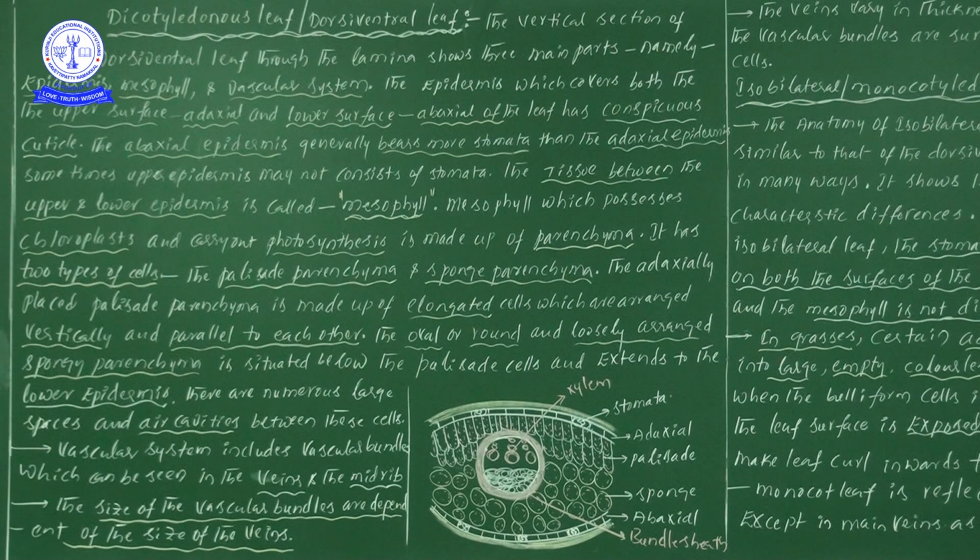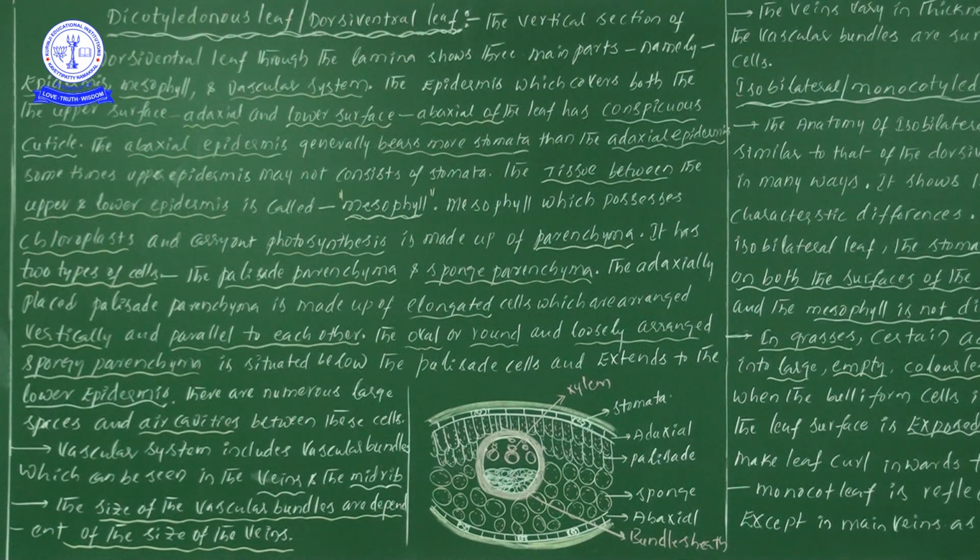So the point is, if you take the upper and lower epidermis, on the upper epidermis we find a lower number of stomata than on the lower epidermis. Why? Because the lower epidermis consists of more stomata than the upper epidermis. This is the important point, but easy.